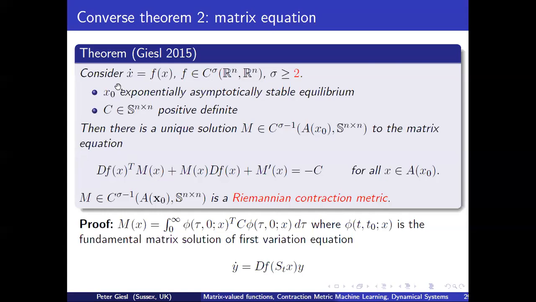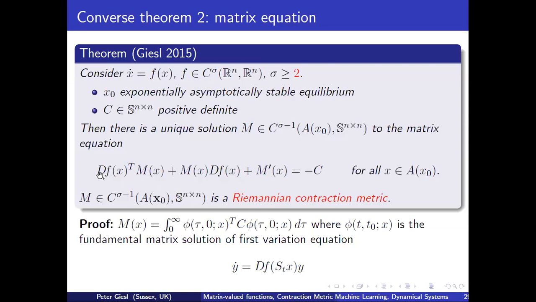So if we're given x naught, a stable equilibrium point, and given the right-hand side here, then there's a unique solution for this matrix equation. The other thing to note is it's actually defined on the whole basin of attraction, not just a compact subset. It's a contraction metric.